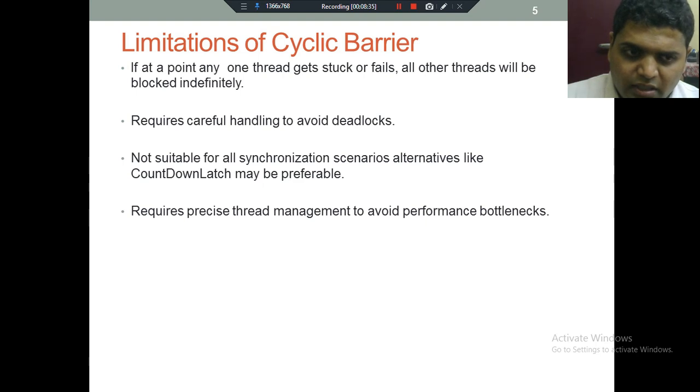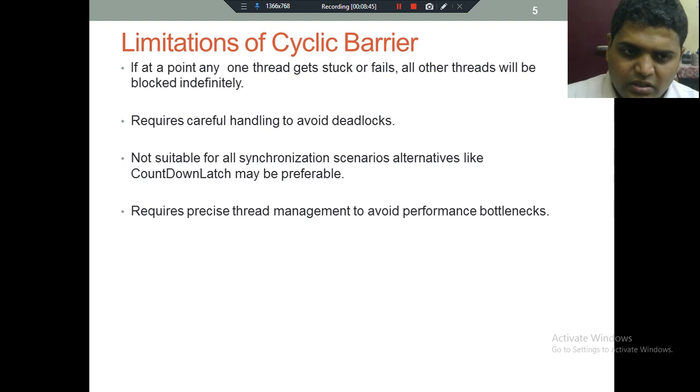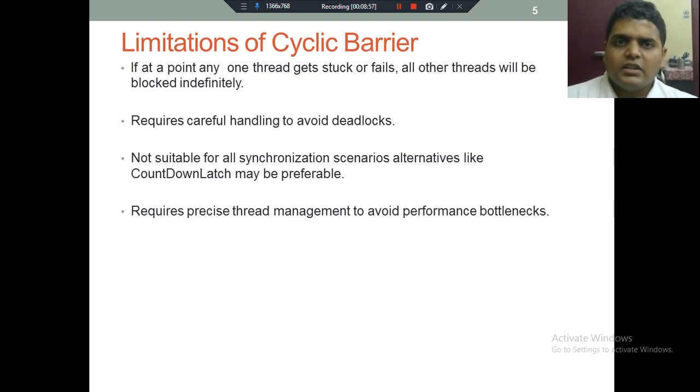Then all the other threads have to wait indefinitely, which will ultimately lead to starvation. It cannot happen that 4 threads have arrived and start the execution. The execution will begin only when all 5 threads have arrived.